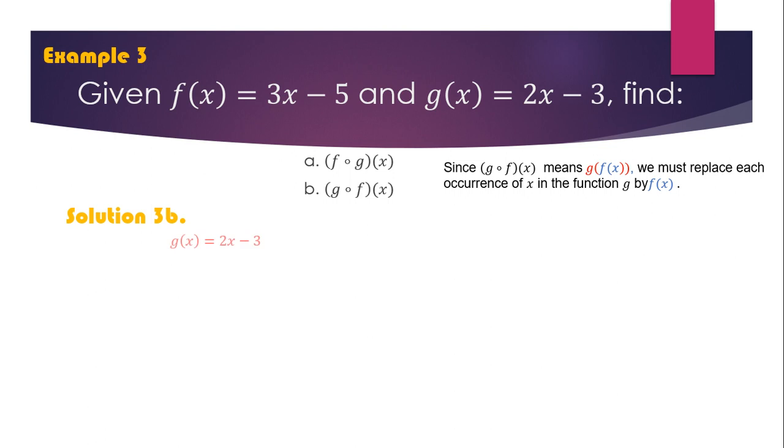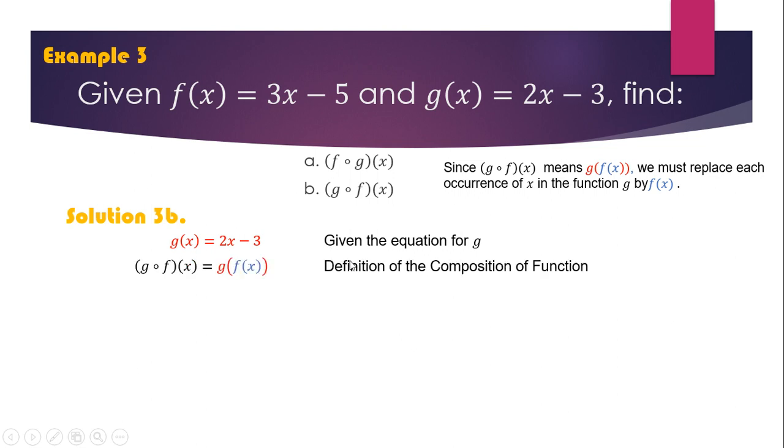So let us copy g of x, which is equal to 2x minus 3, the given equation for g. And then define the composition of function, which is g circle f of x is equal to g of f of x. And then replace x by f of x. So we're going to replace x in g of x by f of x.